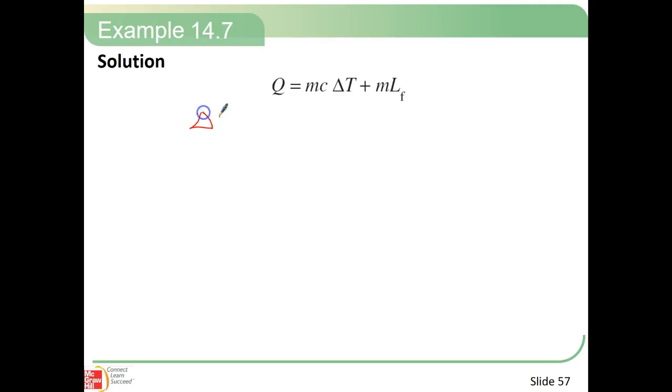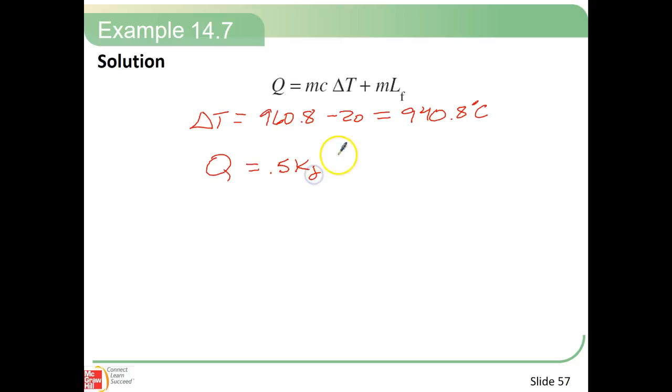So we know that the temperature change here is 960.8 minus 20. So we started at 20, we've got to get up to that 960.8, so that's a change of 940.8 degrees Celsius. Our Q here is equal to 0.5 kilograms times that 0.235 kilojoules per kilogram degree Celsius. That's our specific heat.